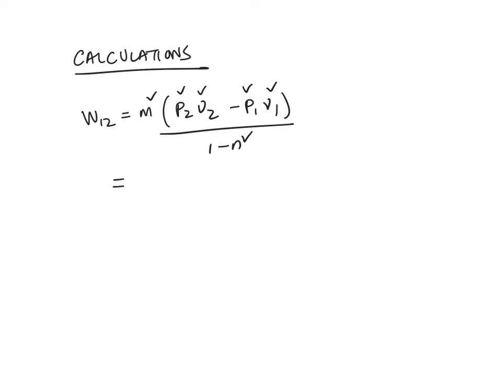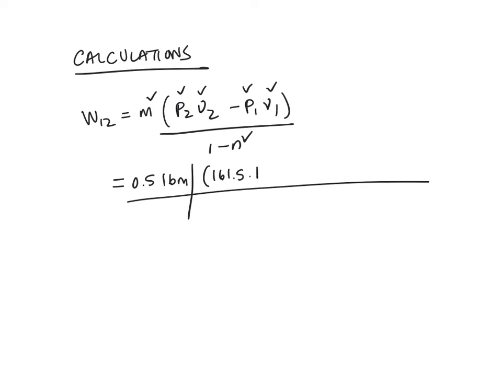So we have 0.5 pounds mass. And then we have 161.5 times 144 times 2 minus 10 times 144 times 18.52. And that is all over 1 minus 1.25.